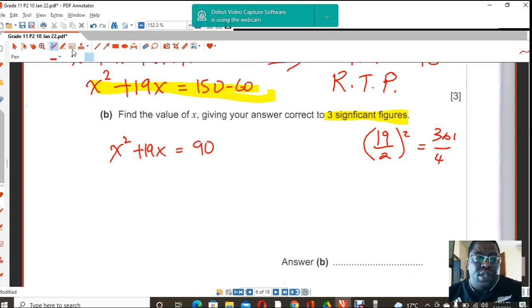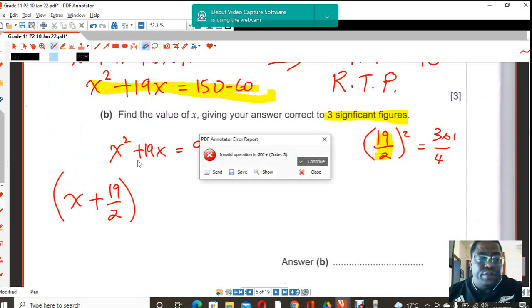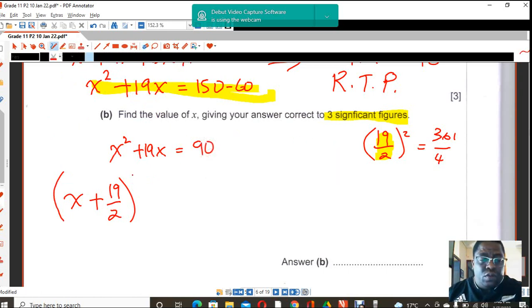But what is important is that this is now going to be on my left hand side. So I'm going to have x plus 19 upon 2 all squared, and that should equal 90 plus 361 upon 4.